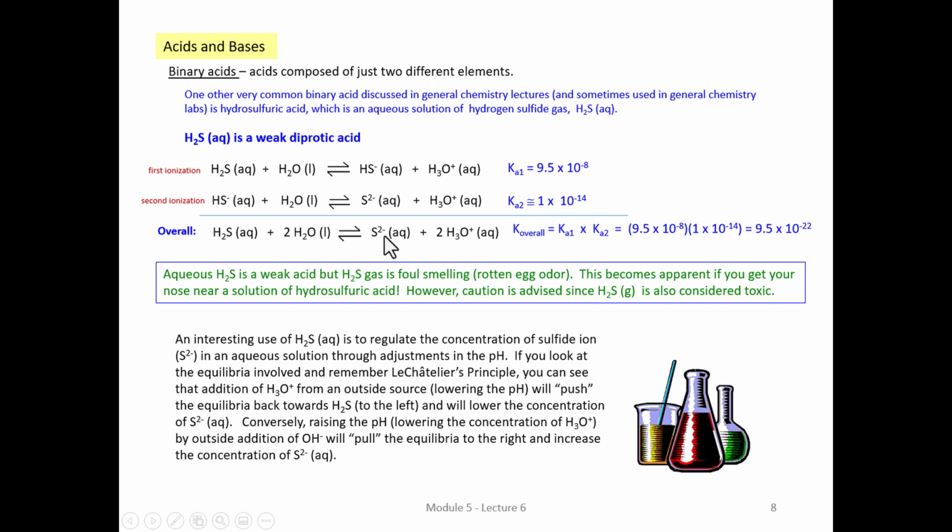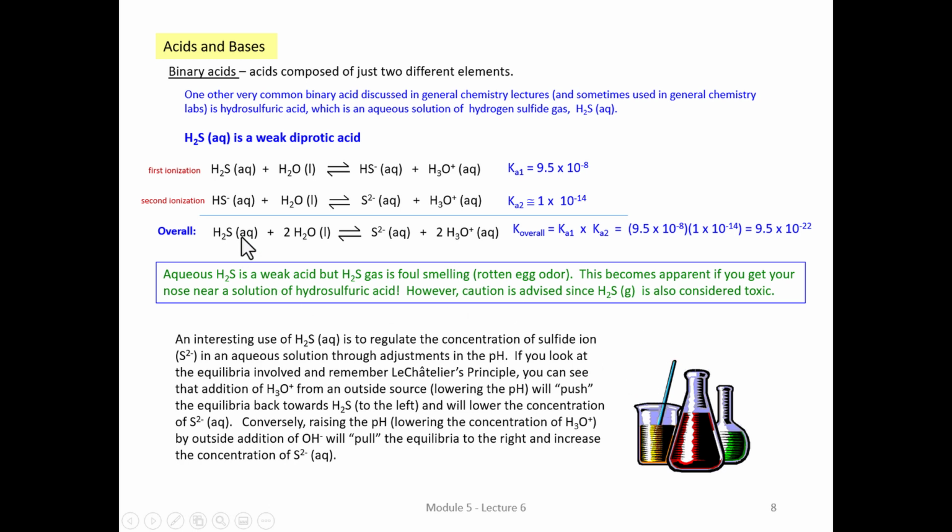Conversely, if you wanted to maximize the concentration of sulfide ions in solution, you could add a base, you could add some hydroxide to react with the hydronium ion, raising the pH and pulling this equilibrium to the right, thus producing more sulfide ions.